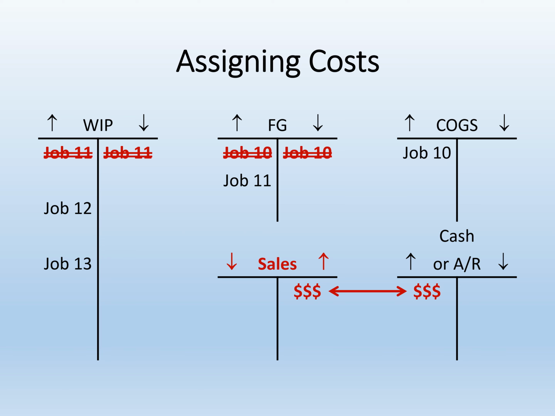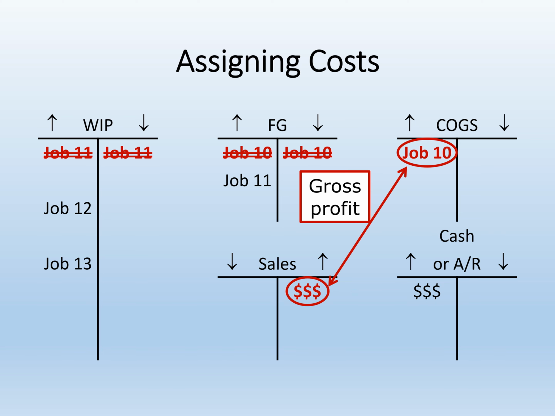Sales revenue is a positive component of stockholders' equities. That means it increases on the credit side whenever a sale is made, and it only decreases on the debit side at the end of the period when it's closed to retained earnings.